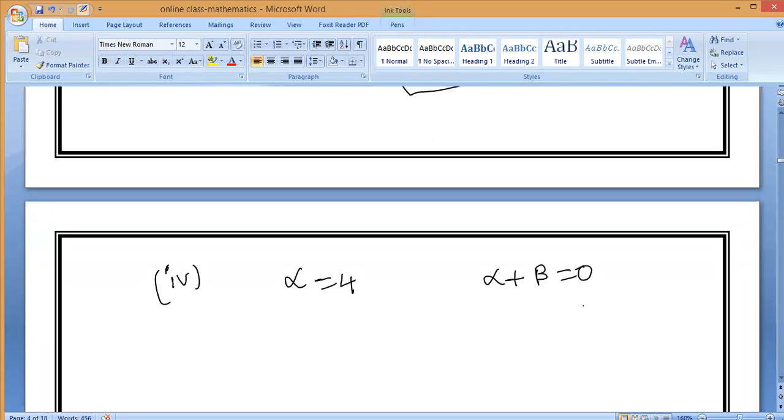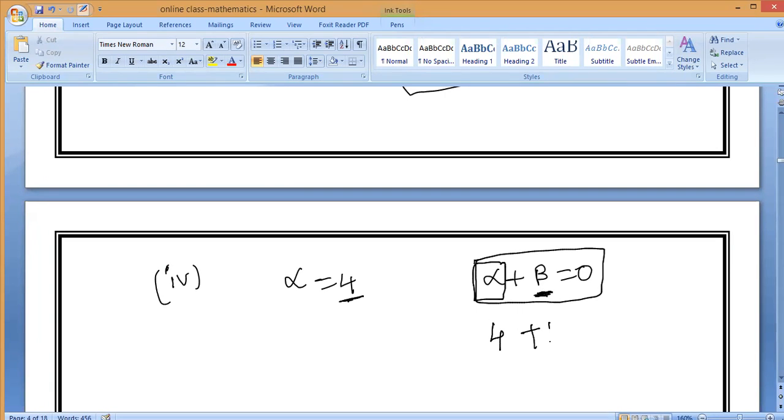How to find the quadratic polynomial? We need to find the sum of zeros and the product of zeros. Here alpha equals 4. In the second equation, alpha plus beta equals 0, we substitute alpha equal to 4: 4 plus beta equals 0, so beta equals minus 4.